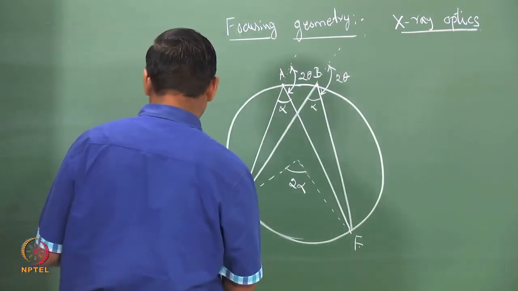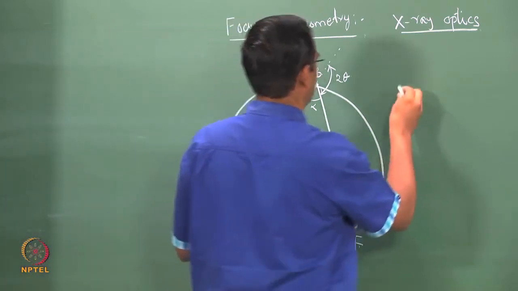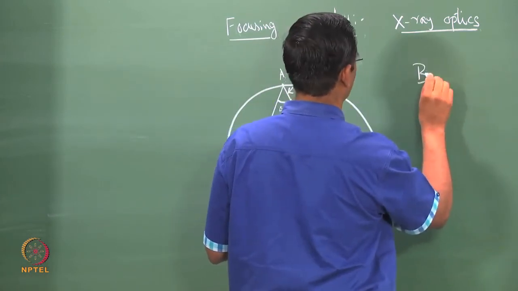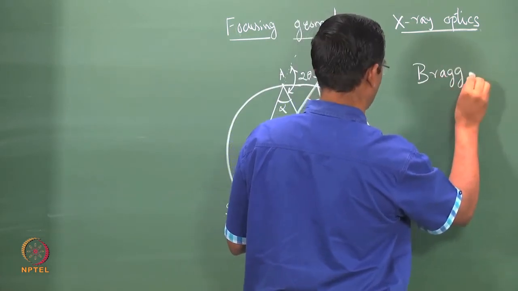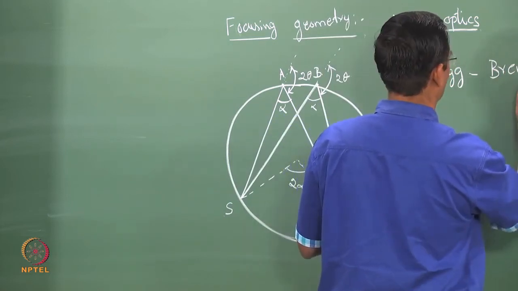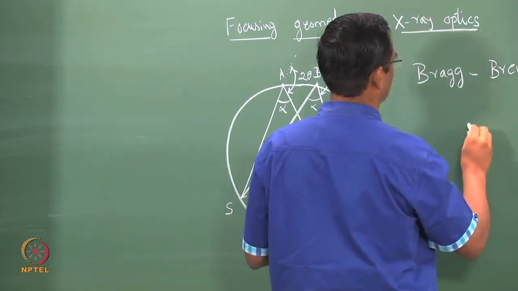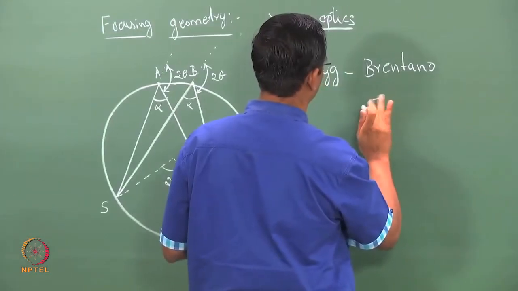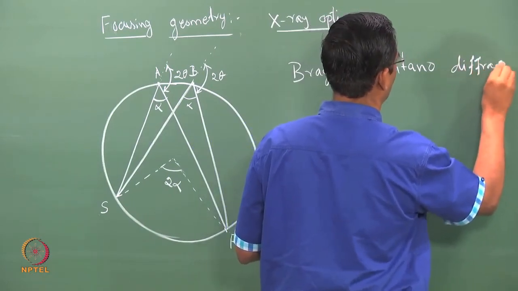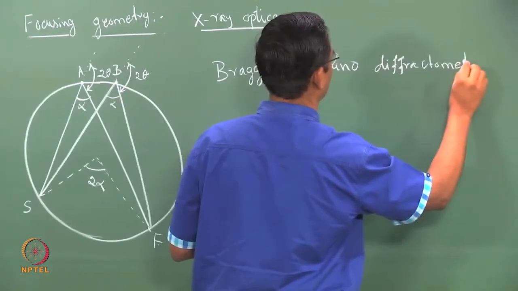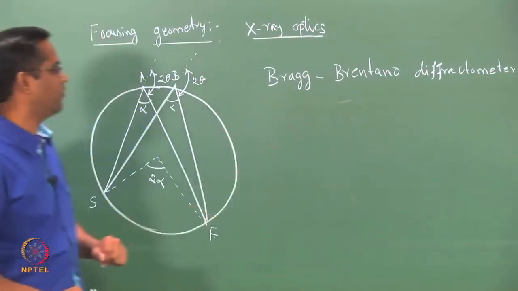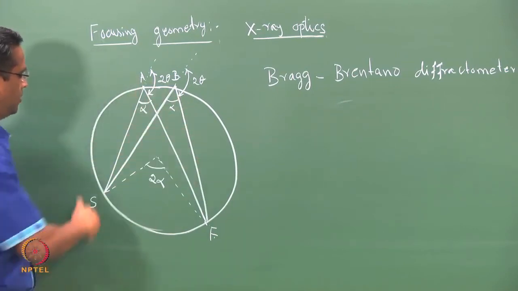So this is also called a Bragg-Brentano diffractometer, where this kind of geometry is used.